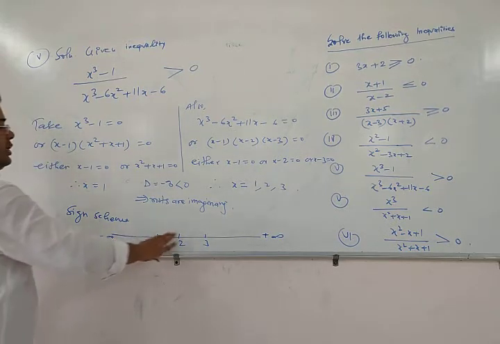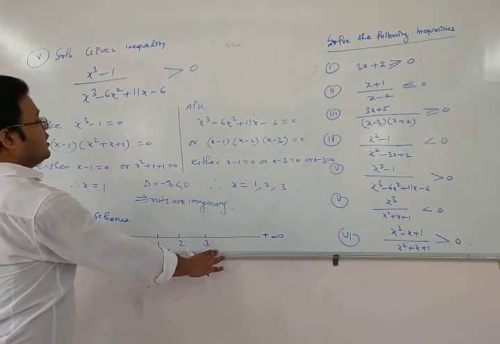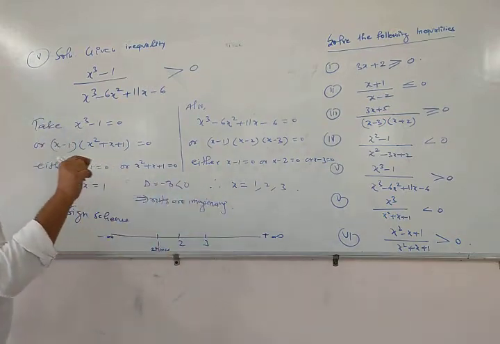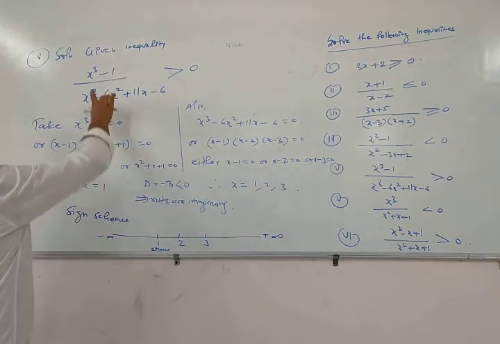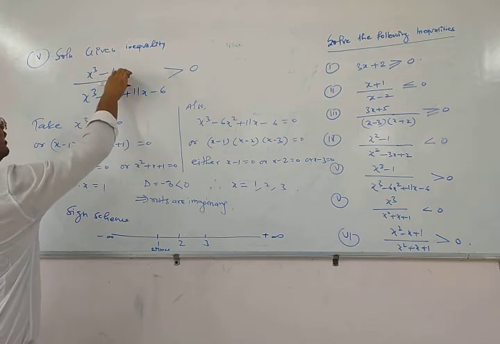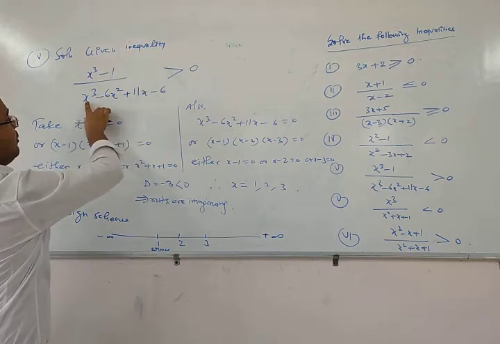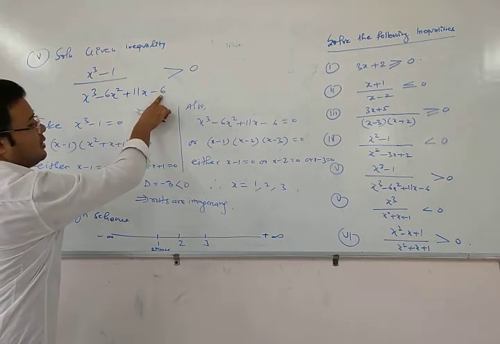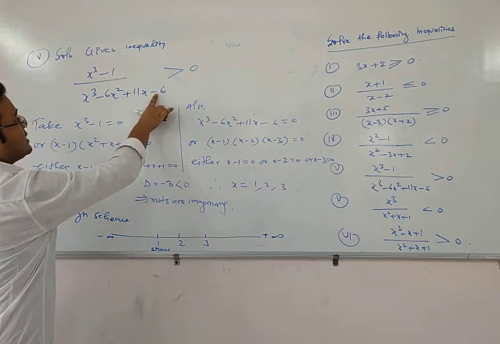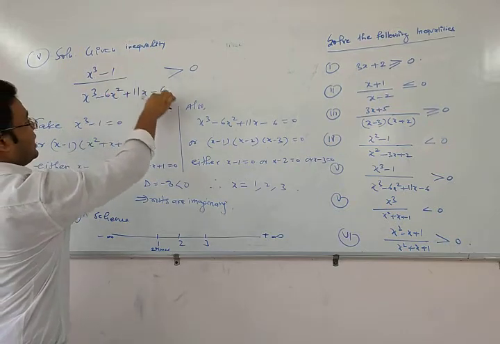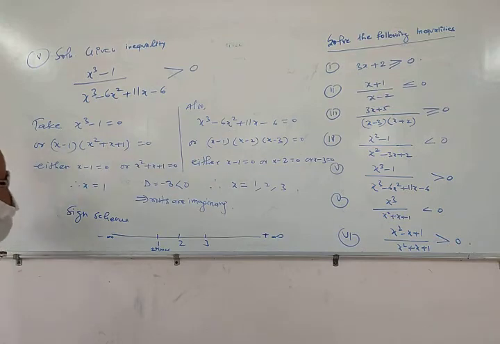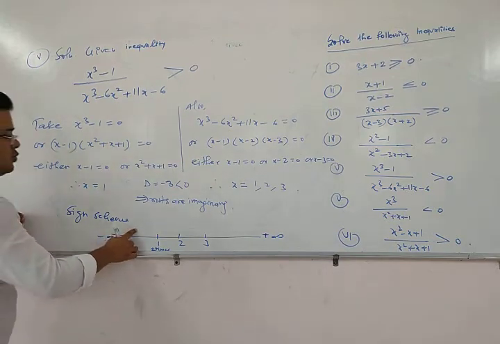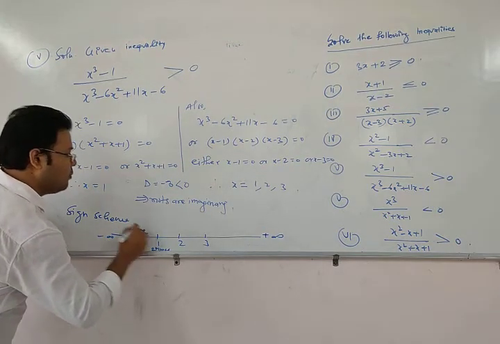Since 0 is not present in the root, so we check the sign at x equal to 0. If we put x equal to 0 we will get minus, and if we put x equal to 0 in the other factor we will also get a sign minus, that is negative by negative it becomes positive, so we can put a positive sign.